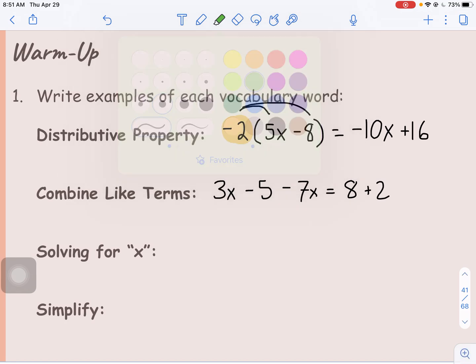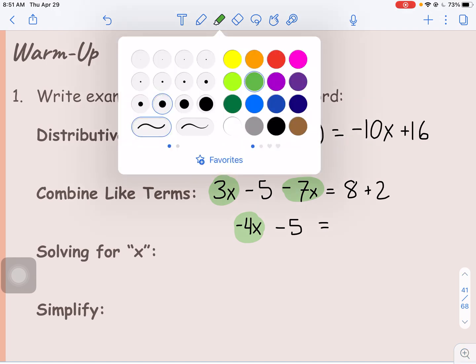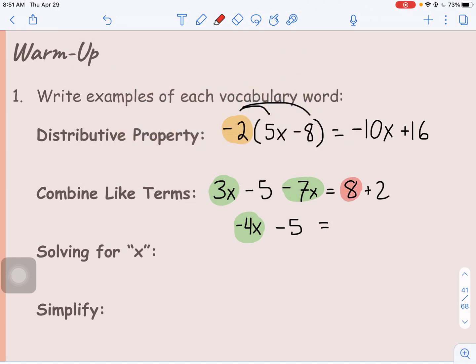On the left side, we can combine 3x with -7x. 3x minus 7x would give us -4x minus 5 equals, on the right side, we can combine 8 and +2 to give us +10. So that's what it means to combine like terms.